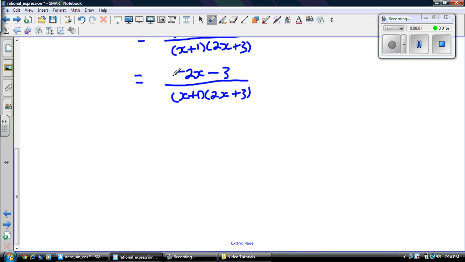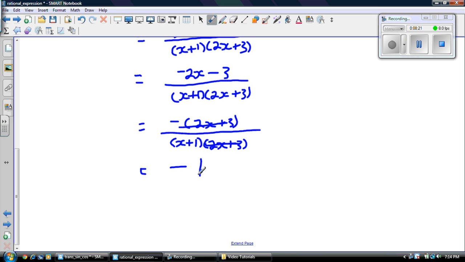So what I can do is actually factor a negative, and I'll have negative outside 2x plus 3, and then all over x plus 1, 2x plus 3. So then I can get this to cancel with this, and I'm left with negative 1 all over x plus 1. So that's my simplified rational expression.